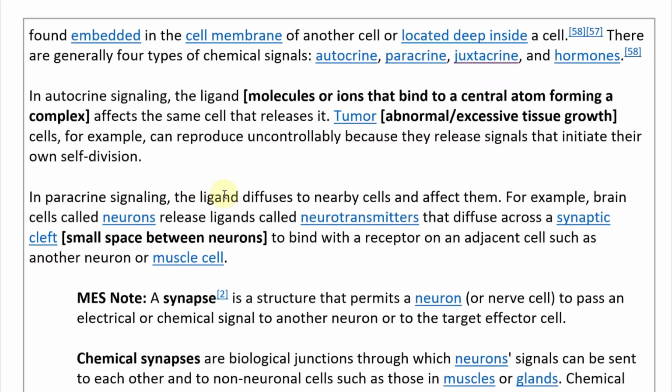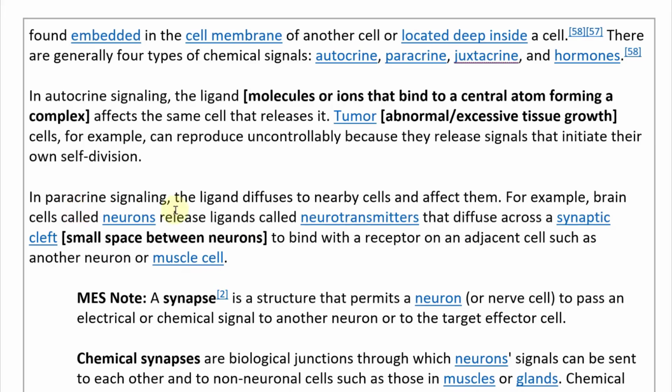And then paracrine. In paracrine signaling, the ligand diffuses to nearby cells and affects them. For example, brain cells called neurons release ligands called neurotransmitters that diffuse across a synaptic cleft, which is a small space between neurons, to bind with a receptor on an adjacent cell, such as another neuron or muscle cell.